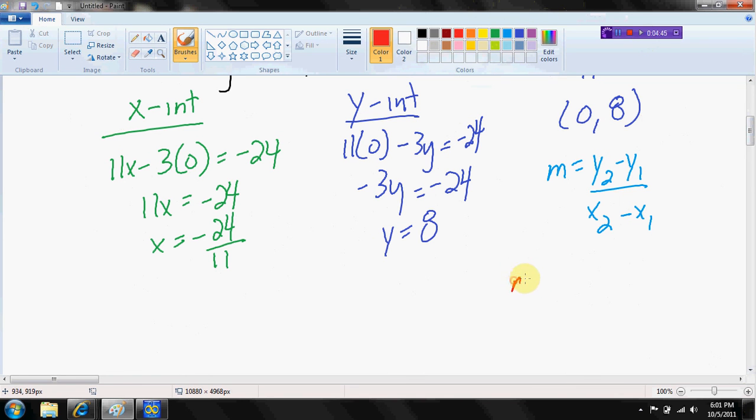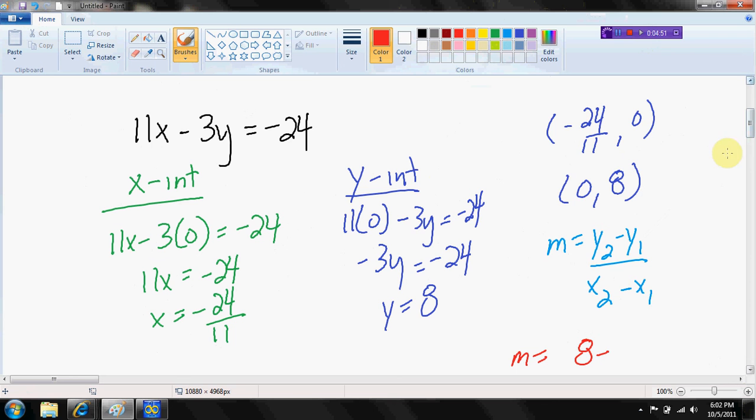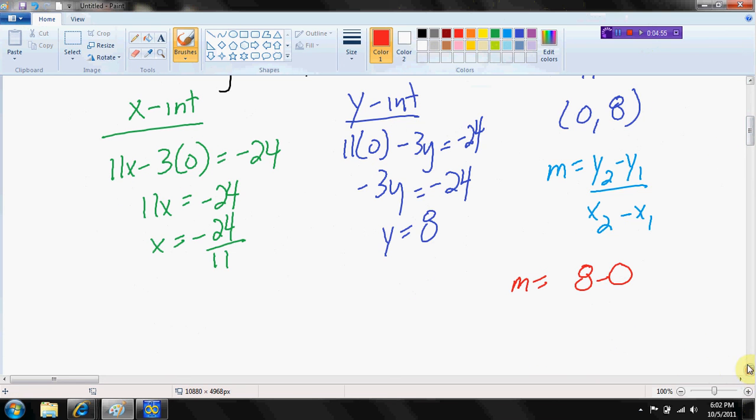So I'm going to say that m is equal to 8 minus 0 over 0 minus negative 24 over 11.